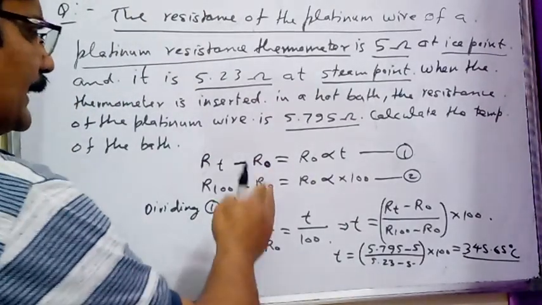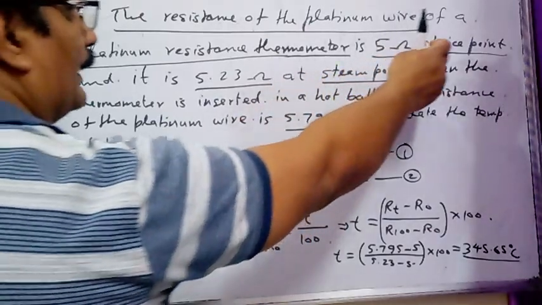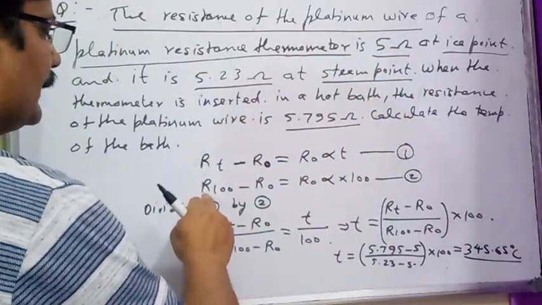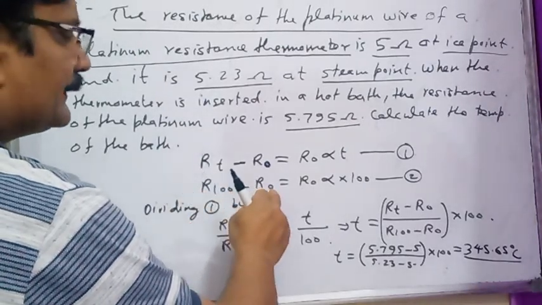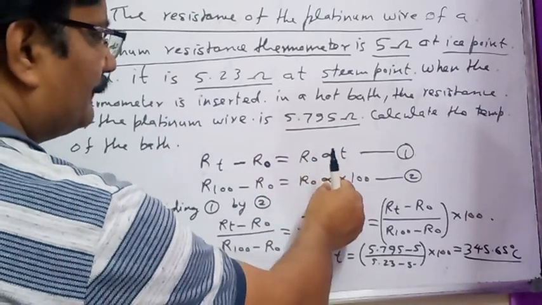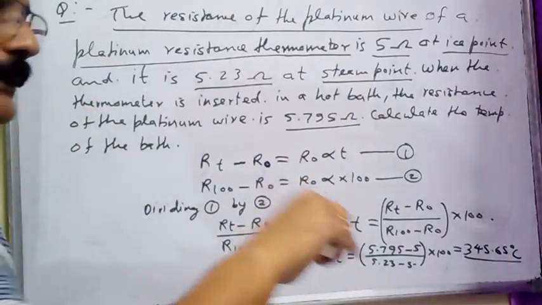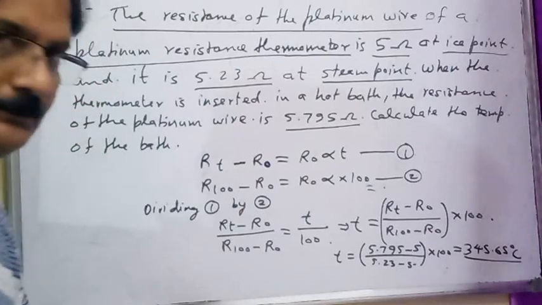If the temperature is rising from 0 degree Celsius to 100 degree Celsius, means ice point to steam point, then the relation takes the form R100, that is resistance at 100 degrees Celsius minus resistance at 0 degrees Celsius, is equal to original resistance multiplied by temperature coefficient into rise in temperature from 0 to 100 degrees Celsius, which is 100 degree. This is equation number 2.